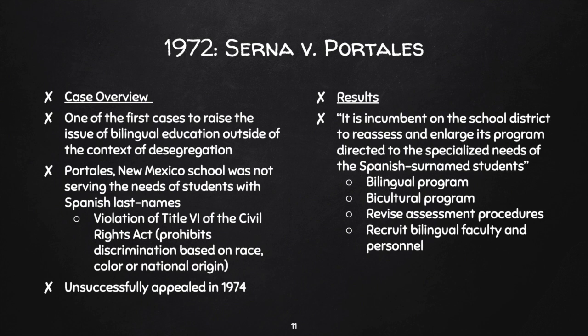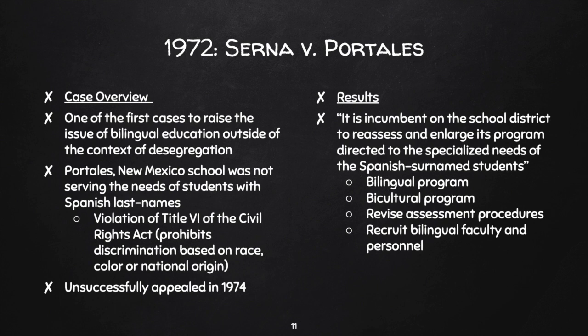And thus, they were saying that their rights protected under Title VI of the Civil Rights Act that we just discussed were being violated. And the judge actually ruled in favor of the plaintiffs, in favor of the parents and the students who raised the complaint, and found that schools were actually in violation of their protected rights under Title VI of the Civil Rights Act.